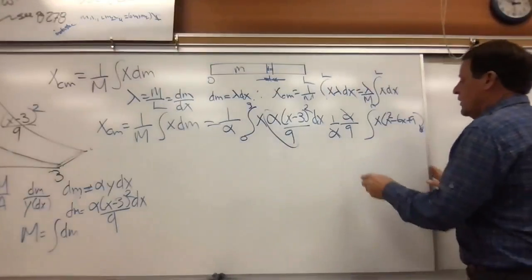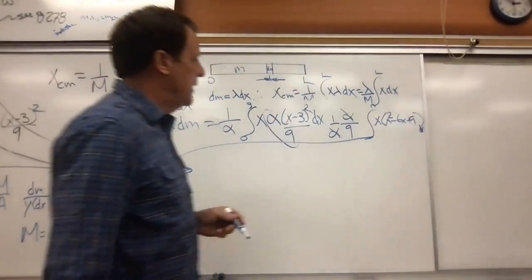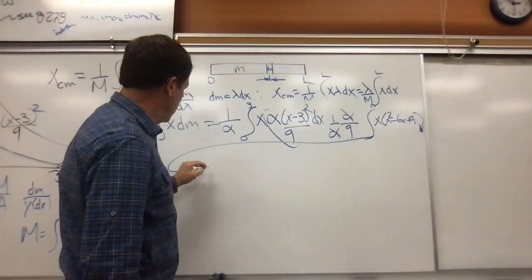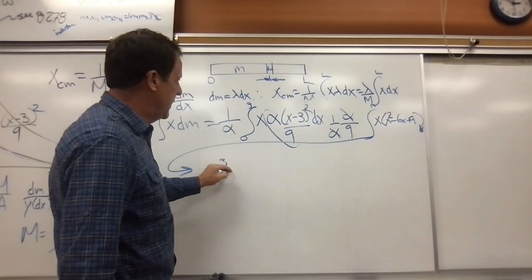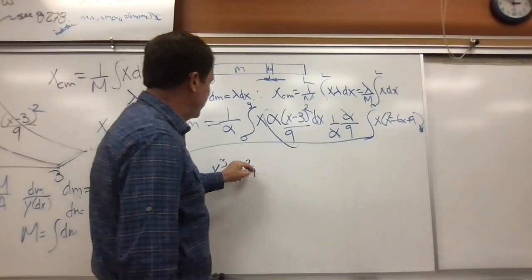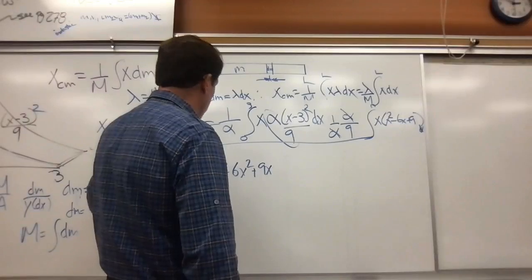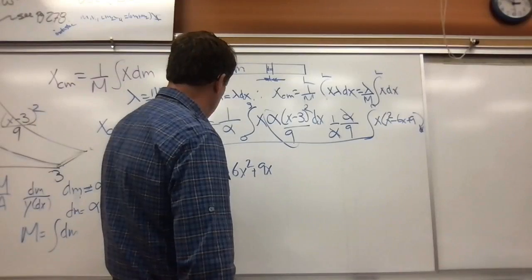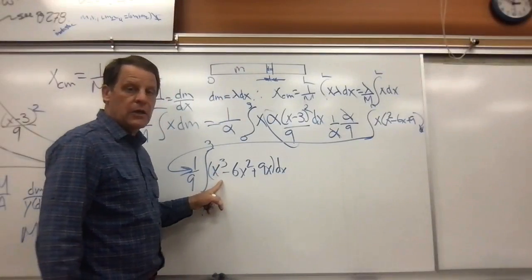Okay, so let's take this down here, and now we're going to have x times x squared is x cubed minus 6x squared plus 9x, integral of 1 over 9 from 0 to 3. This is all dx. So now we can integrate it.